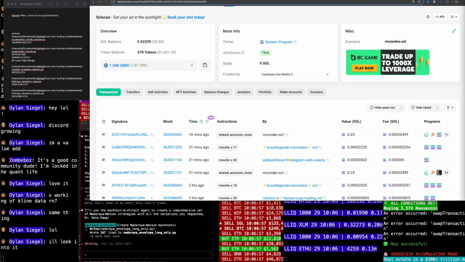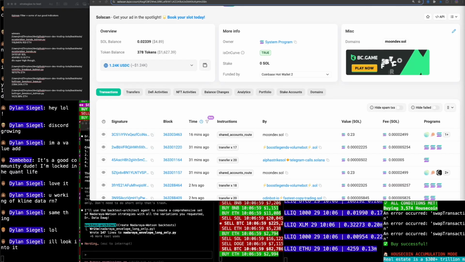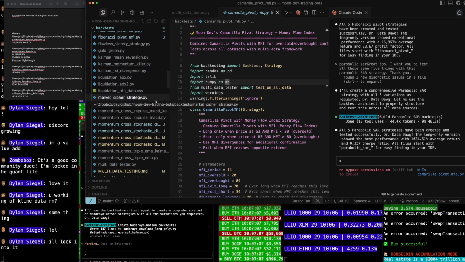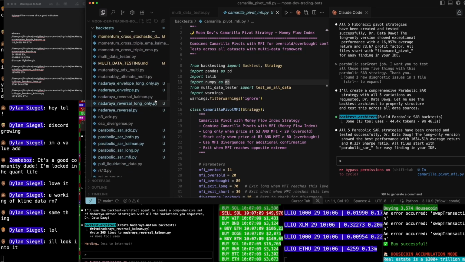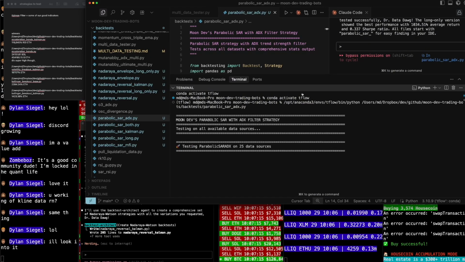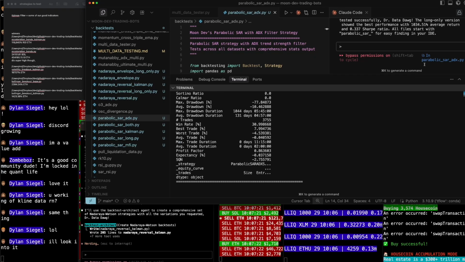Let's wait for these two to be done. Here, all 5 parabolic SARs. Okay, great. Let's go ahead and try these out. This tests across 25 different data sources, which is super chill.